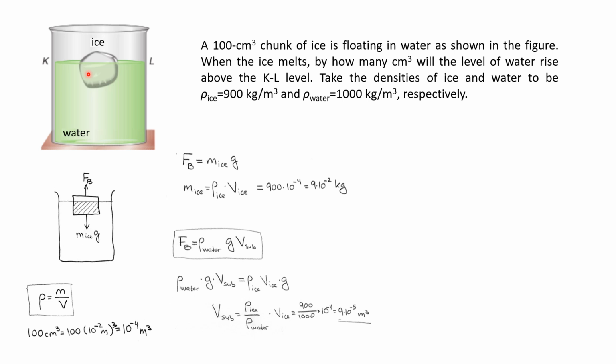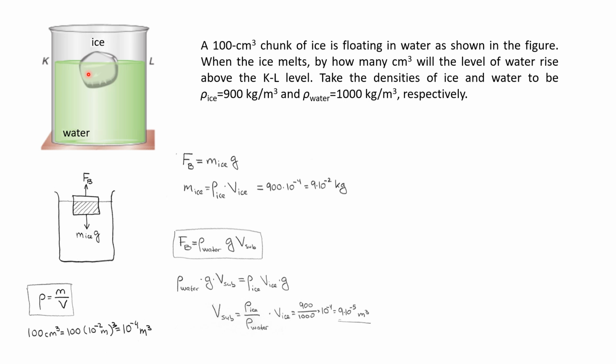So the ice, in other words, is displacing 9 times 10 to the minus 5 meter cubes, or 90 centimeter cubes of water.